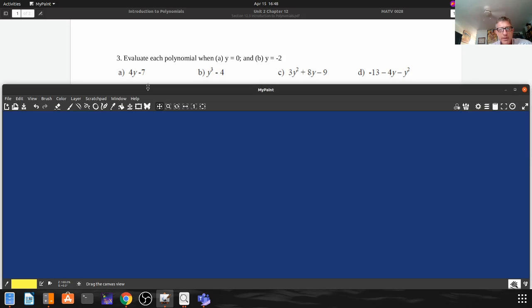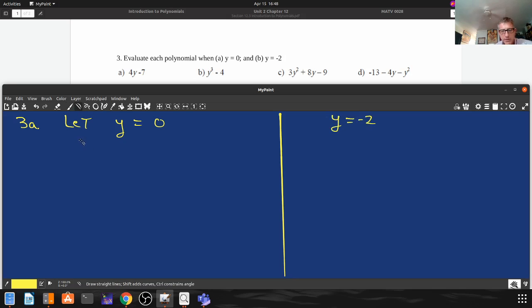So here we have 4 polynomials, and we want to evaluate them for 2 different values of the variables. So our task is, we want to let y equal 0, and then over here, about halfway in, we're going to let y equal minus 2.